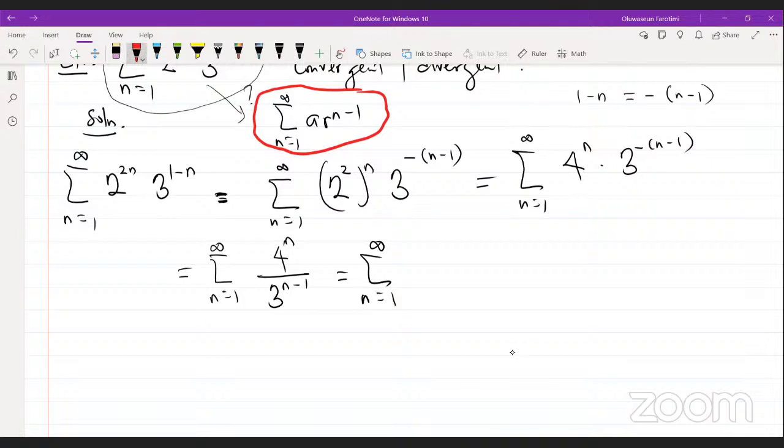Okay, so just introduce a 4 over 4. This is going to be 4 to the power of n divided by 3 to the power of n minus 1. Now watch this, guys. N from 1 to infinity. Now remember, I introduced a 4 over 4. Keep the 4 on the top. What about the 4 on the bottom? The 4 on the bottom, what does it do?